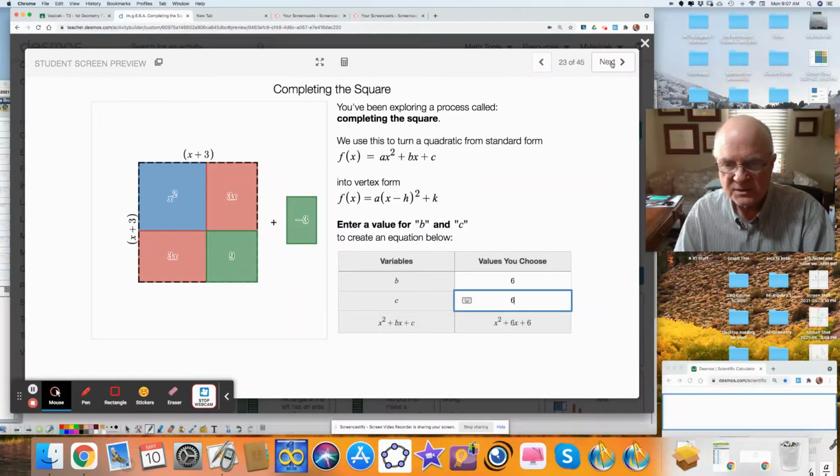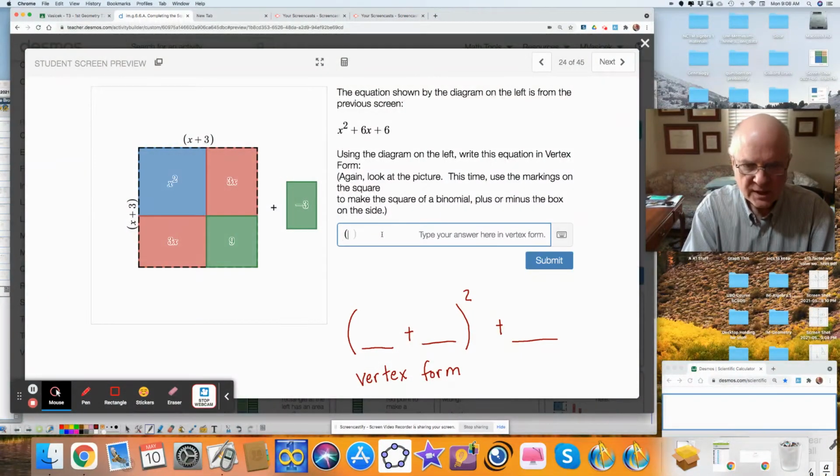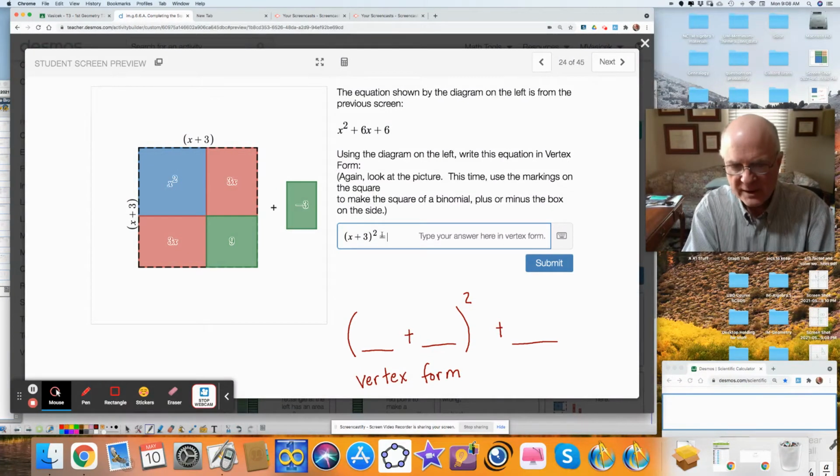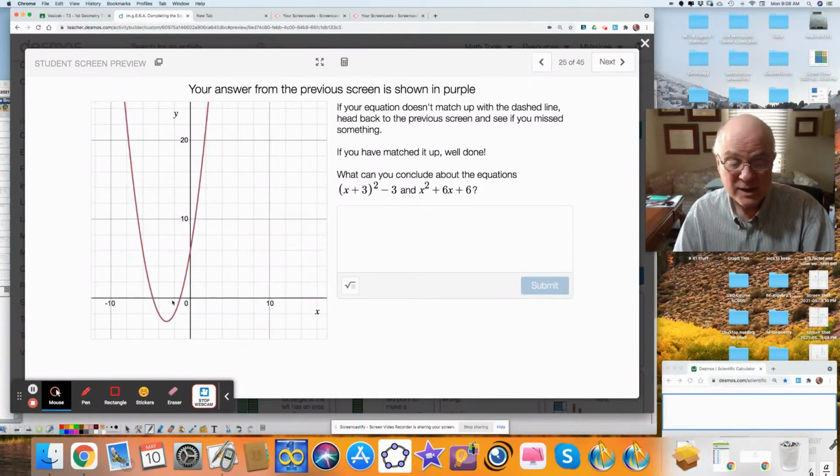Just go with this 6 and 6. Now, the equation shows x plus 3 squared minus 3. So I'm going to write it in vertex form. I would say x plus 3 squared, and then minus 3. And that's going to give me the same thing. And if it is correct, it'll match up on the graph. That's what we want to do.